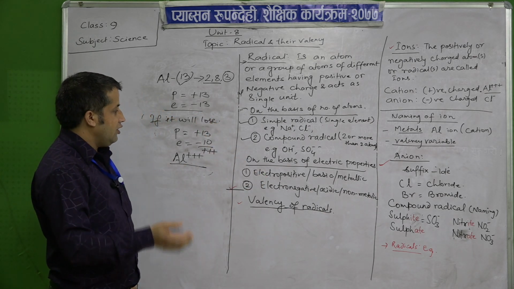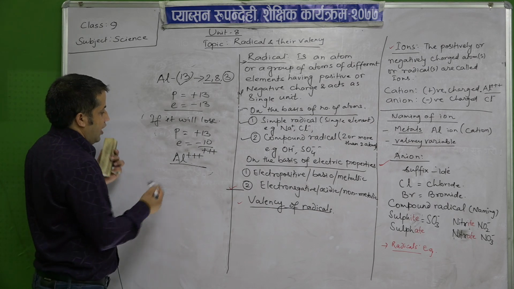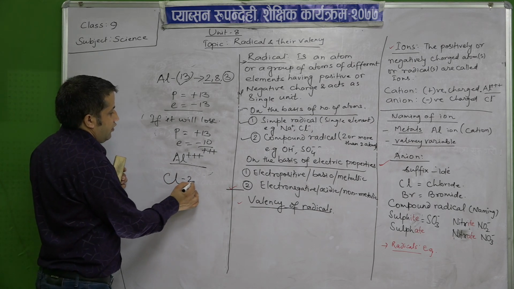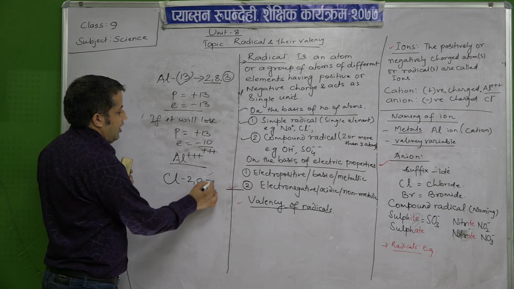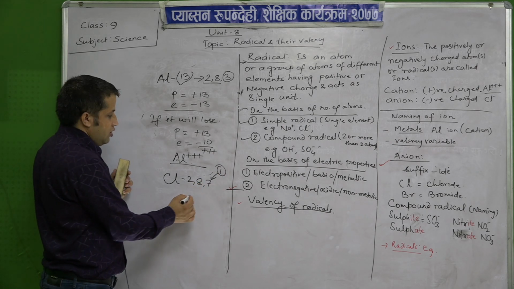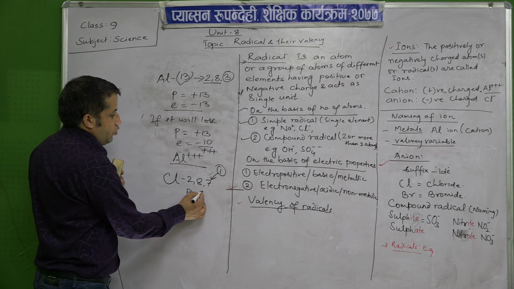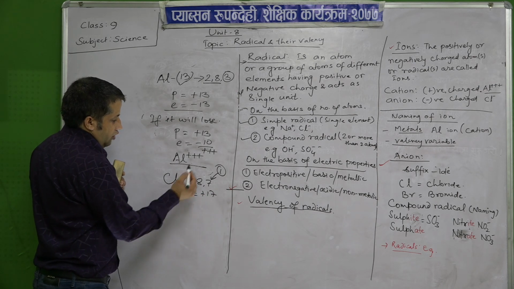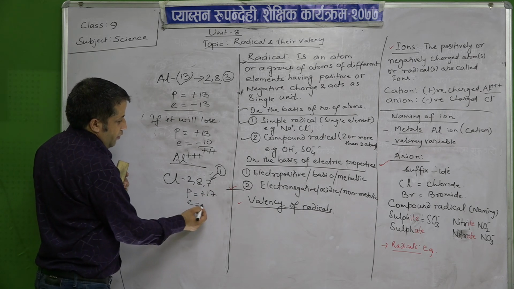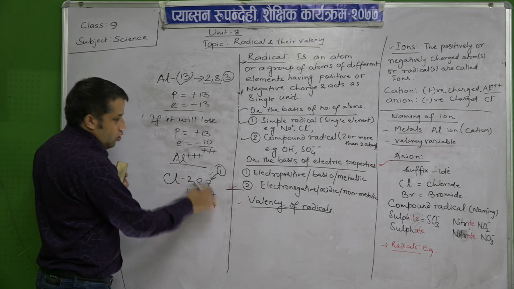And the one like chlorine: its electronic configuration is 2, 8, 7 and it requires one more electron. At the beginning the proton count is plus 17 and the electron count is minus 17, so as a whole it is neutral.